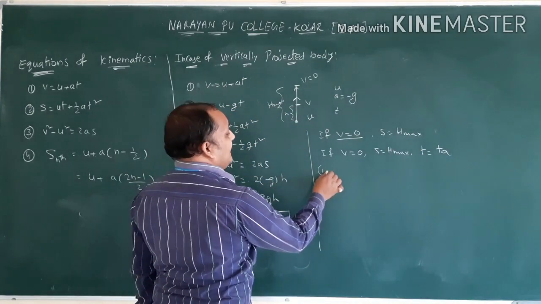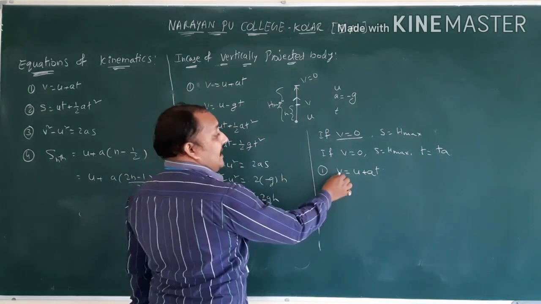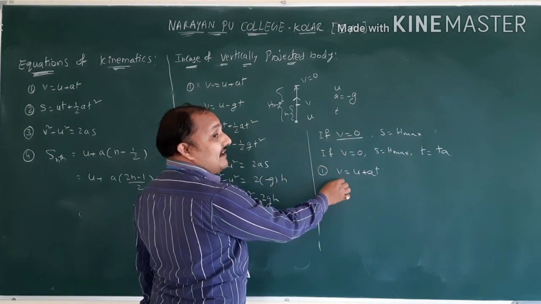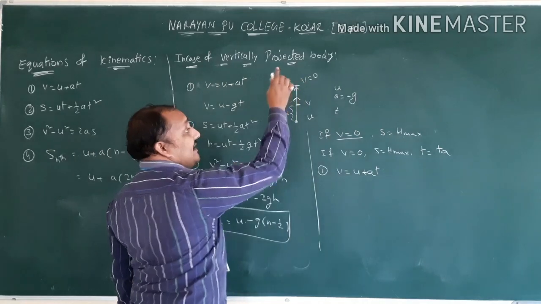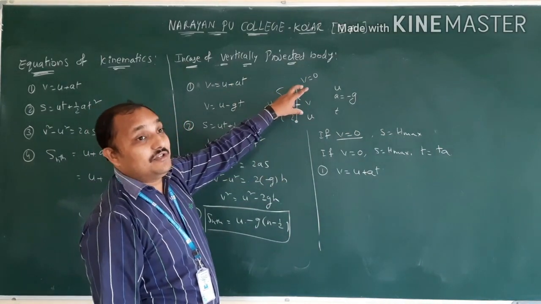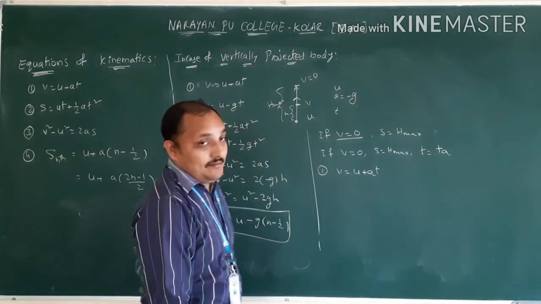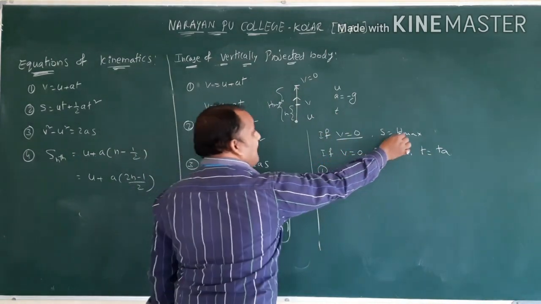So if we substitute in the first equation, v is equal to u plus at, these equations I am deriving where final velocity is going to become 0. Where final velocity is 0, time t is equal to time of ascent ta, and the height reached is the maximum height.